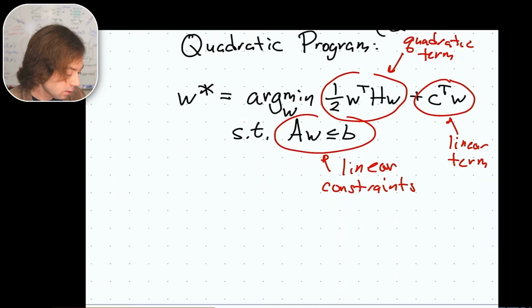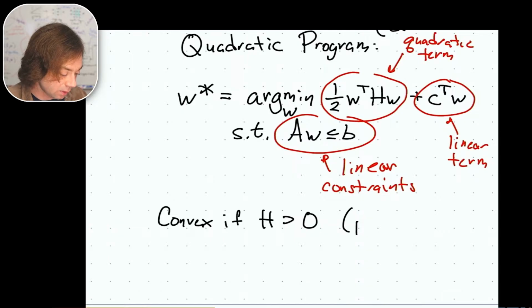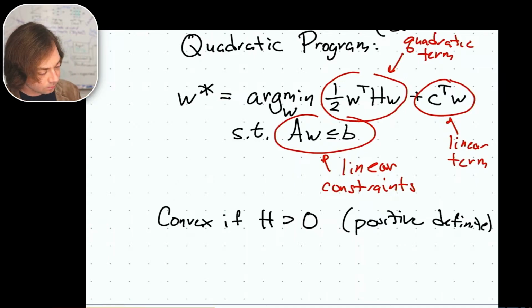And it is convex if H is greater than 0, meaning it's positive definite. Okay. Technically, it can be greater than or equal to 0 too.